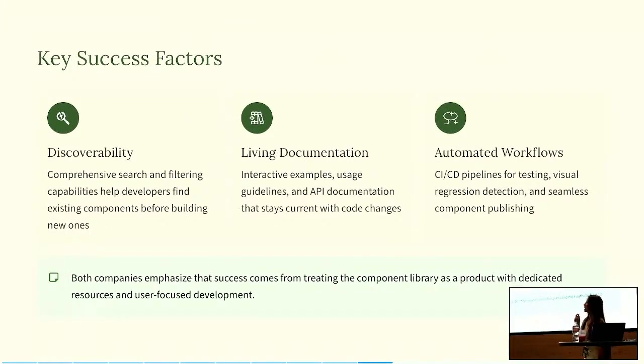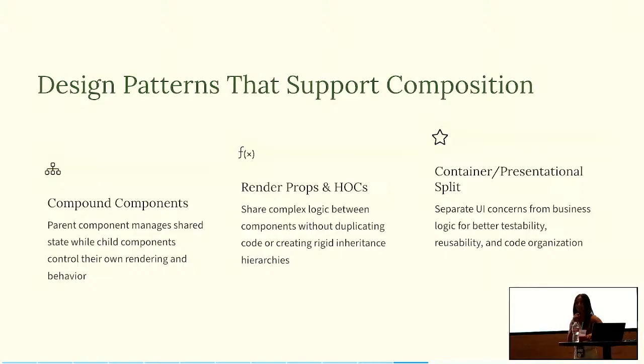So some key success factors that have been really helpful for us are discoverability, living documentation, and automated workflows, which I'm going to discuss in the next slide. So I'll come back to that.